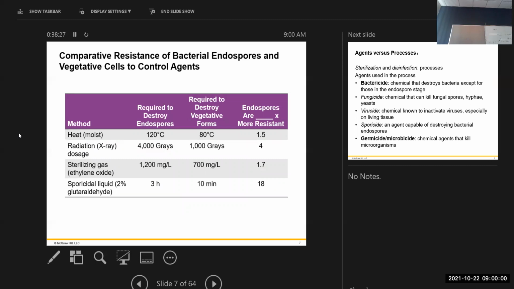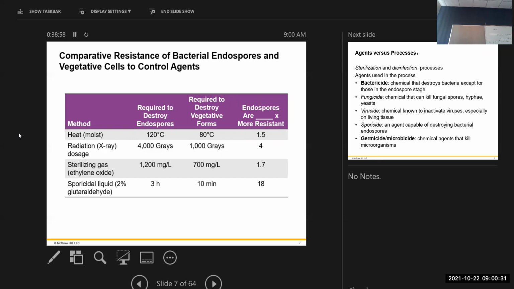This shows you essentially the resistance of endospores versus vegetative forms. For heat, endospores are 1.5 times more resistant than vegetative cells. For ionizing radiation, endospores are 4 times more resistant. For sterilizing gas like ethylene oxide, endospores are roughly 2 times more resistant.